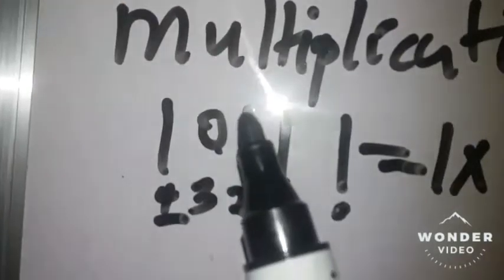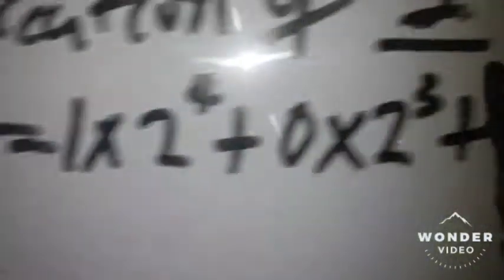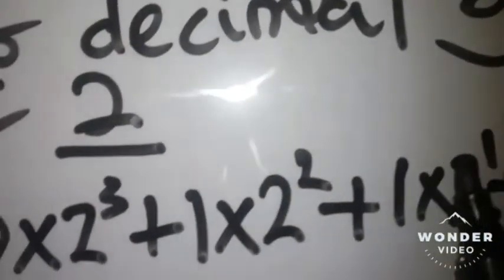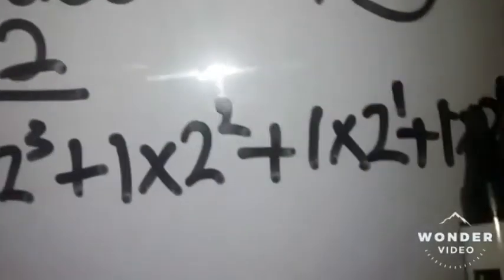We pick the next figure, 1 times 2 raised to the position 2. Then we pick the next number, that's 1, 1 times 2 raised to power 1. Then the last number, which is 1, 1 times 2 raised to power 0.